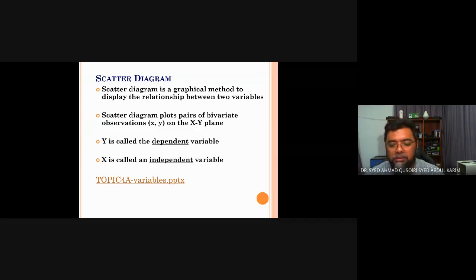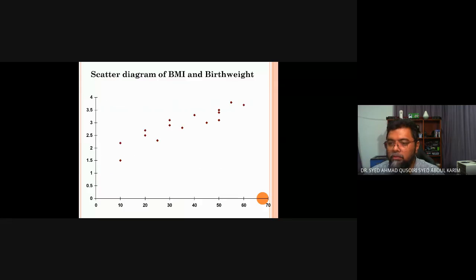Those variables are represented through the x and y plane, so y is the dependent and x is the independent. So here we have an example of a scatter diagram.